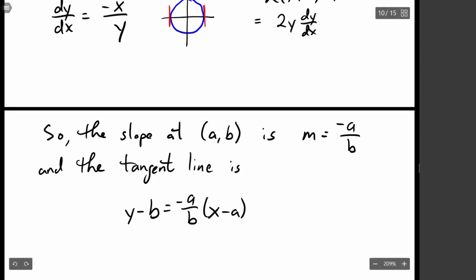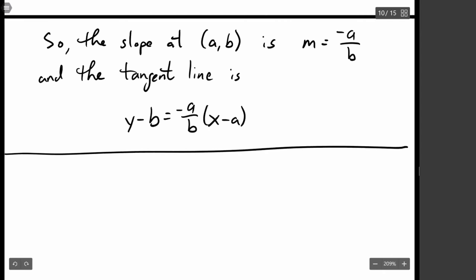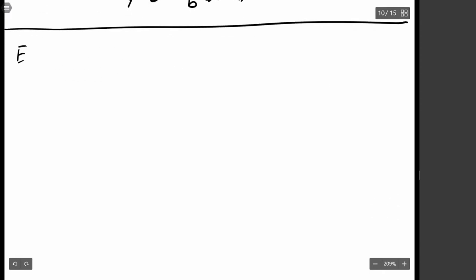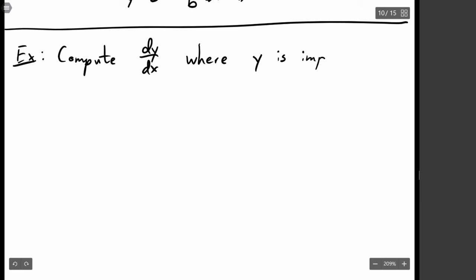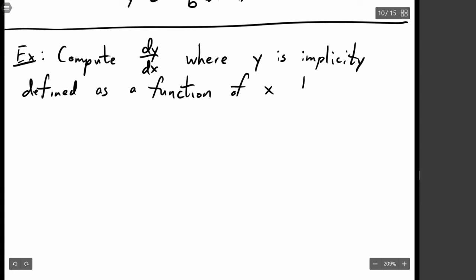Let's do one more example here. Let's compute dy/dx, where y is implicitly defined as a function of x by the equation, let's see here, what should we pick?